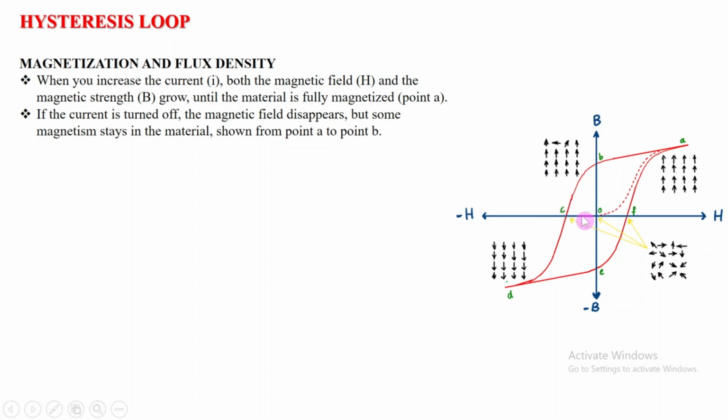That force from here to here will be applied. This opposite magnetic field is applied, and the magnetic field of that soft iron becomes zero.